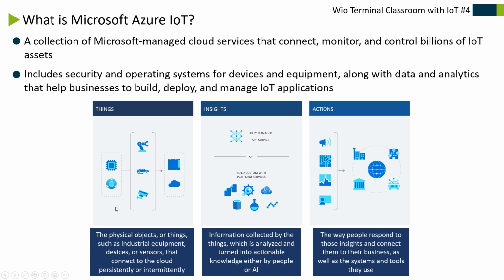At first, the physical objects such as industrial equipment and sensors are connected to the cloud, and then the information collected by these devices is analyzed and turned into actionable knowledge either by people or AI. And finally, here it shows the way people respond to those insights and connect them to their businesses as well as the systems and tools they use.